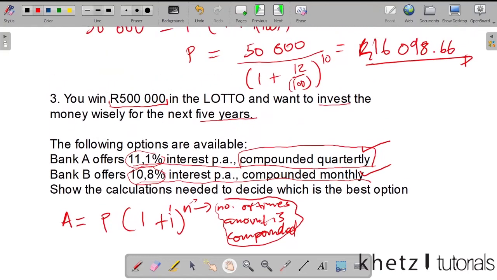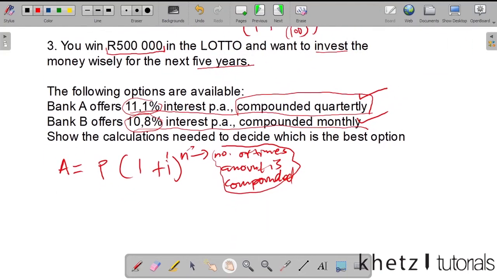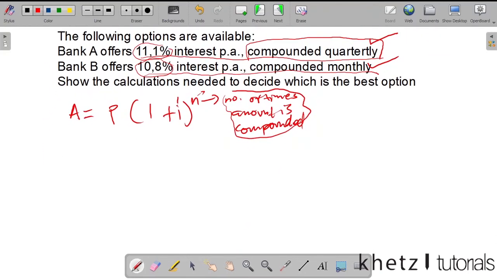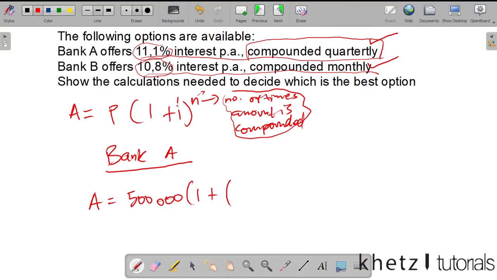So this investment is over 5 years, as we saw in the question. Let's compute what Bank A will give us after 5 years. Your A is equal to the principal amount of 500,000 rands multiplied by 1 plus 11.1%, which can be transformed into 0.111.